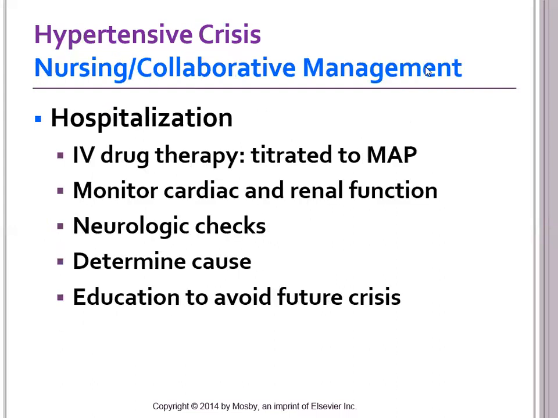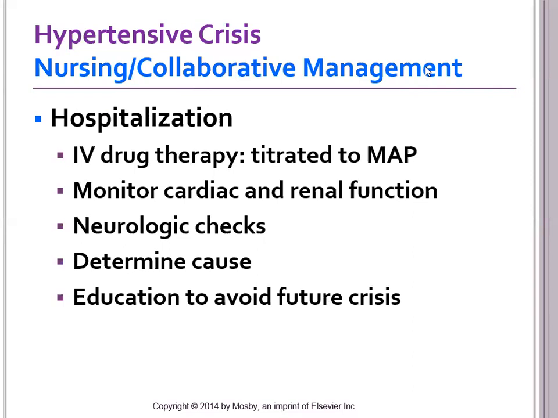So, how are we going to treat these patients in hypertensive crisis? They have to go in the hospital, guys. These aren't patients that you can just double up on their blood pressure meds and send home, okay? They require hospitalization. They need IV antihypertensive drugs, and usually they're going to go in the ICU for monitoring. Again, when we have someone in hypertensive crisis, what's the best method for taking their blood pressure?